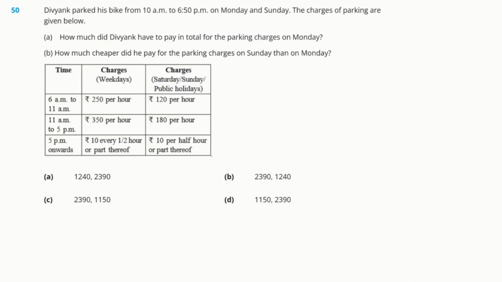Moving on to the last question of our paper, Divyang parked his bike from 10 a.m. to 6:50 p.m. on Monday and Sunday. So let's see the charges for Monday. We have separate charges for weekdays, and for Sunday, weekends and public holidays, we have different charges.